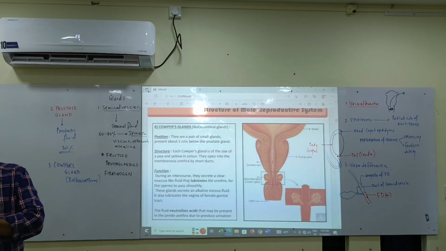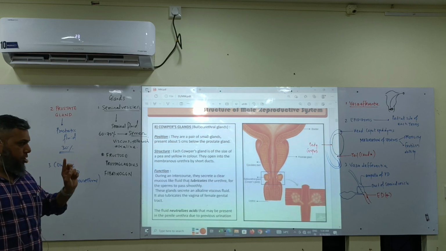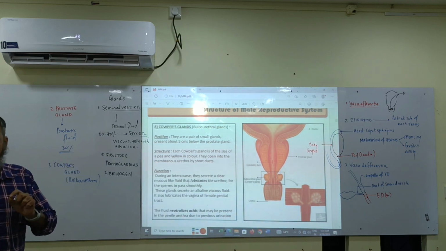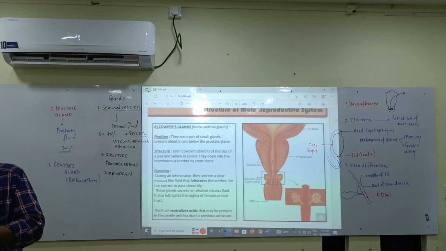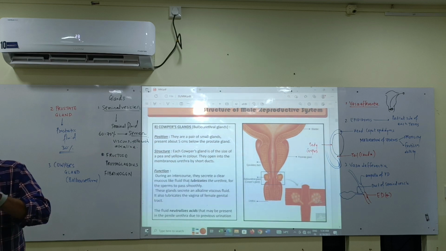Direct ejaculation doesn't occur. What first comes out is the fluid of the Cowper's gland. Why? So that it will lubricate the urethra. It will lubricate the urethra, and it will protect the sperms, because urethra was also the place from their prior urination had occurred.